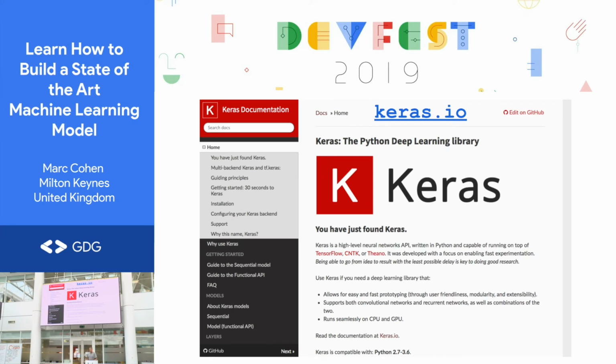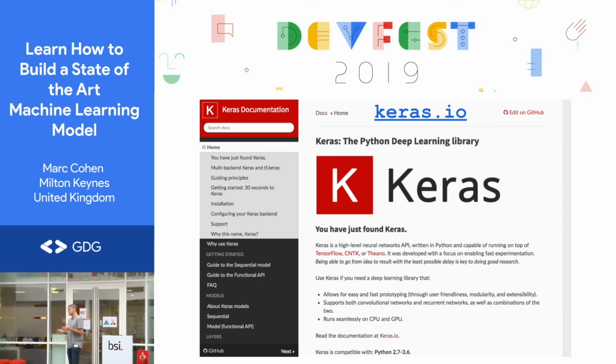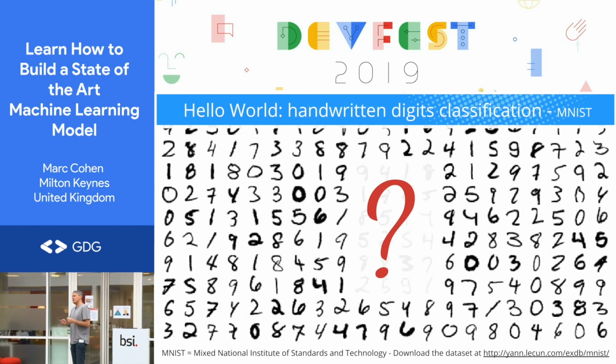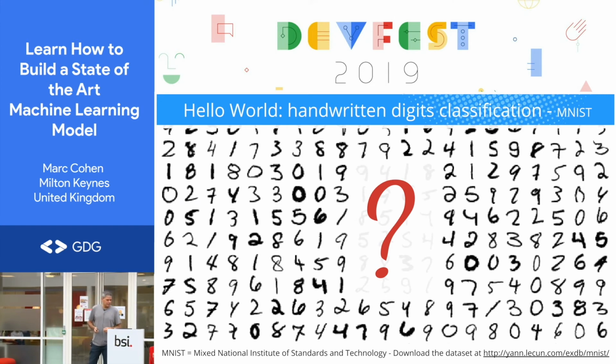The problem we're going to tackle this afternoon is classifying handwritten digits. This is sort of the canonical machine learning problem. It goes back to, I think, the 80s, maybe earlier. It was driven by the US Postal Service's desire to be able to automatically scan and classify handwritten zip codes, which is the US version of postal codes. And what we're going to actually do is build a network.